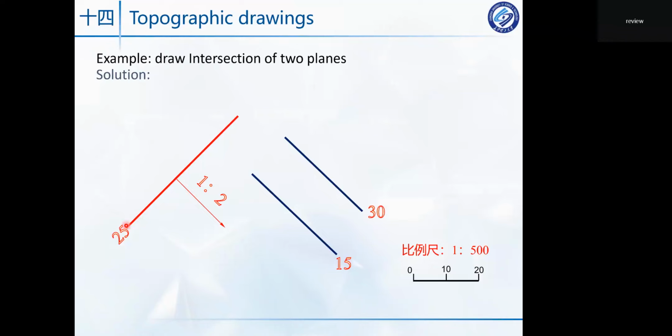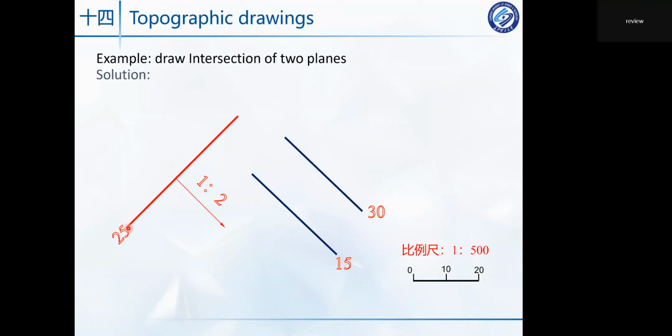So you can see this one, the red line, with the elevation of 25 and the slope of 1 to 2. And as for this one, we represent this plane with two parallel contour lines, whose elevations are 30 and 12 and 15 respectively.